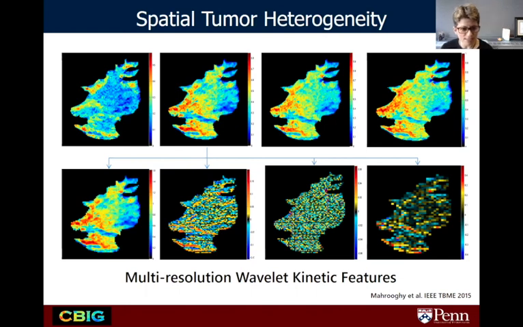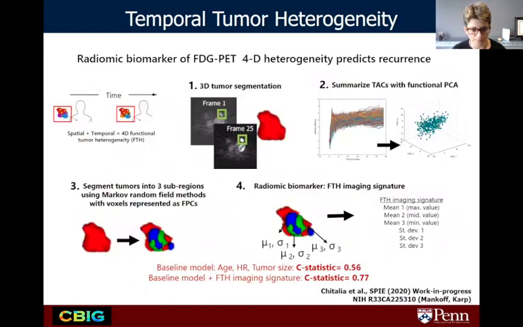And again, you start to see some areas of the tumor that tend to cluster together, and that may be useful in giving us information about the subclones that we were talking about.